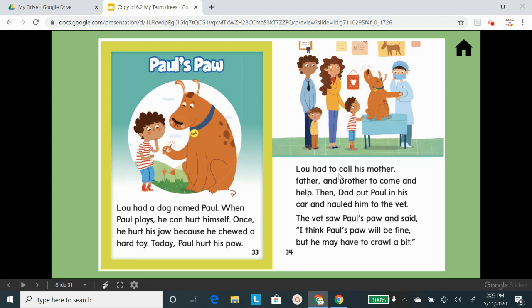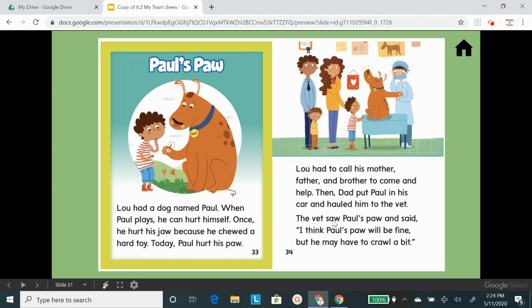Lou had to call his sight word mother, father, and brother. Those were all sight words. To come and help. Then Dad put Paul in his car and hauled him to the vet.